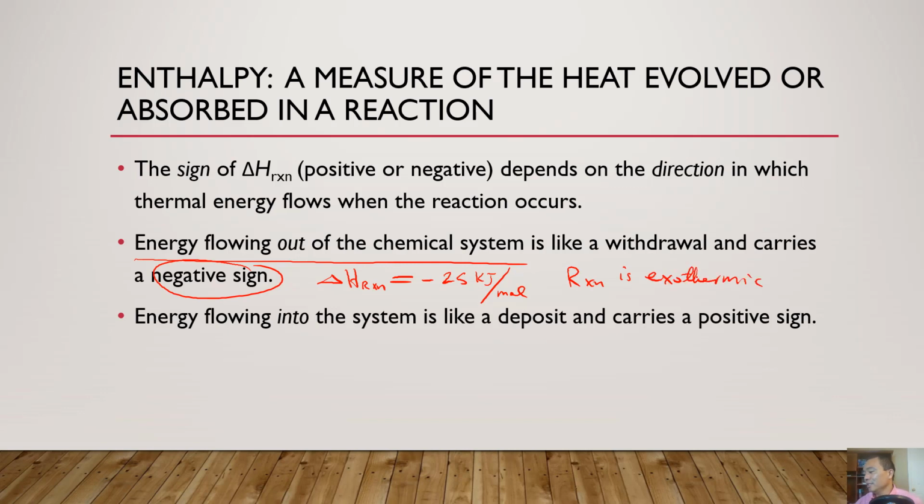Another example: if you have a delta H that is positive, let's say positive 38 kilojoule per mole, this tells you the reaction is endothermic.